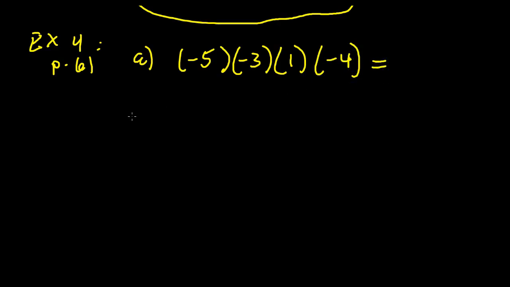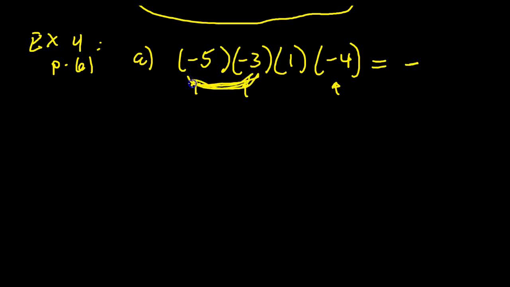And I'm going to be a little less formal about this right now. I see in this list of products, I'm going to have 3 negative signs. Negative times negative times negative will give me a negative. So right away I know my answer is going to be negative. Let's see if this pans out.